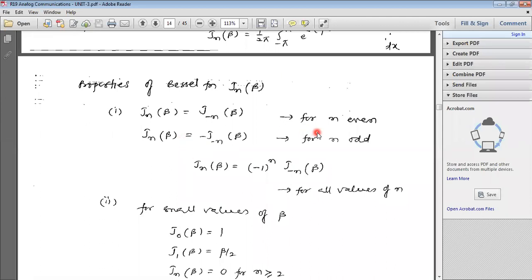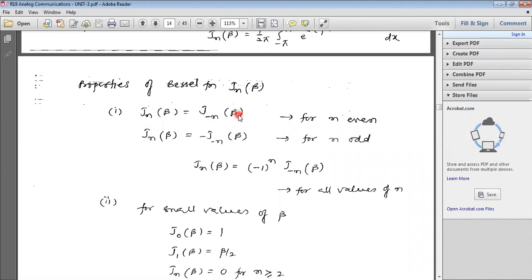For n even, J_n(beta) becomes J_minus_n(beta). So note down the properties of the Bessel function.